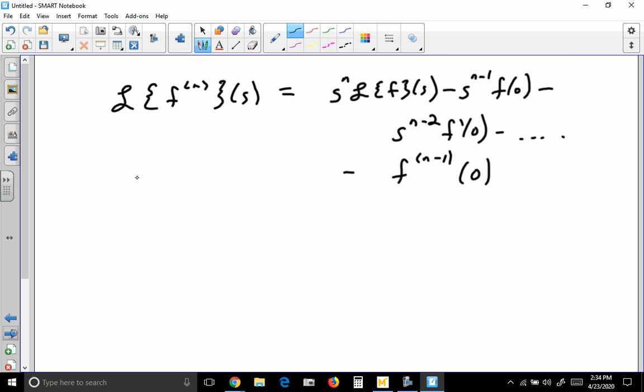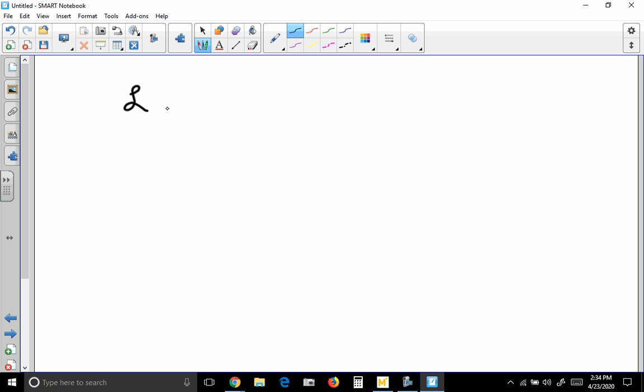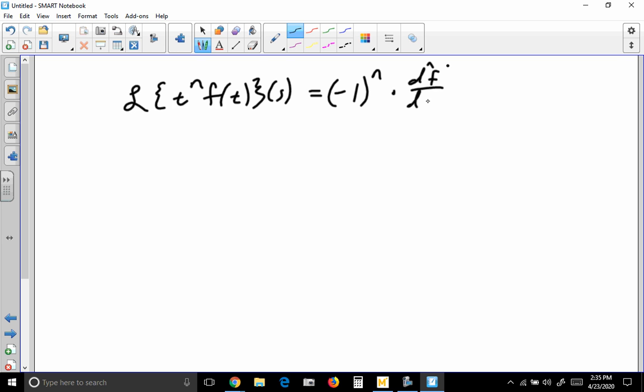So the only other one I believe that we have here is if we do the transformation of t to a power times some function. How is multiplying a function that we know how to transform affected by multiplying it by t to a power? So the result is we have negative 1 to the nth power. Whatever power of t we have, we're going to raise negative 1 to that power. We're going to multiply that times the nth derivative of the transform here.